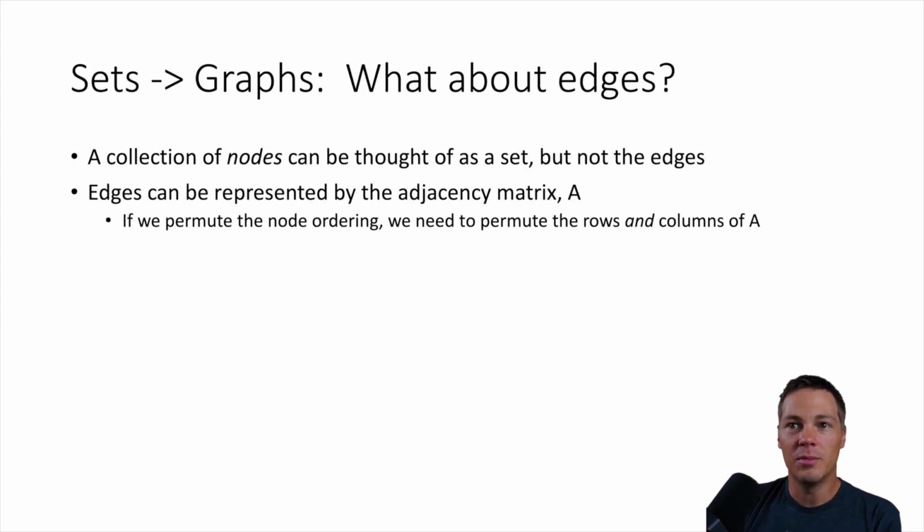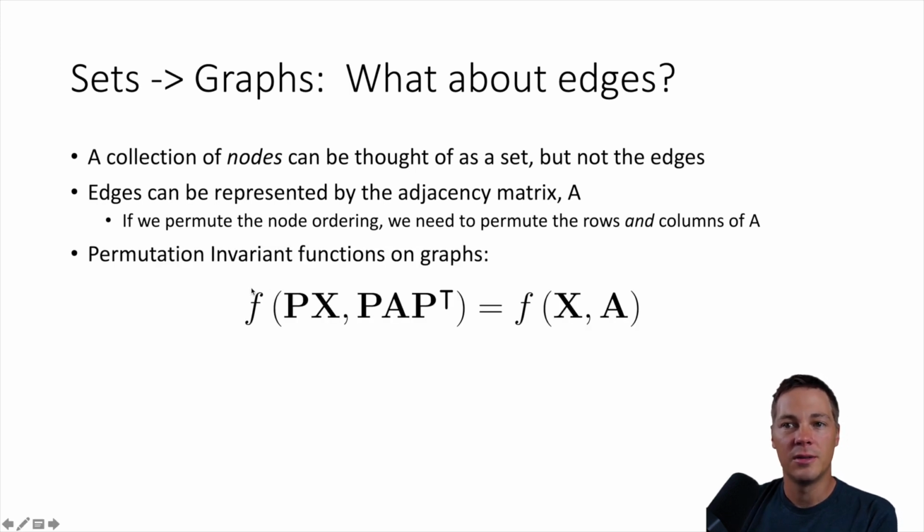Okay, so we've talked mainly about sets so far, but graphs are different because they not only have a set of nodes, but they have edges as well. And edges, as we know, can be represented as the adjacency matrix, but as we previously mentioned, if you permute the node ordering, then we need to permute the rows and the columns of the adjacency matrix. We now have these updated definitions of our permutation symmetries.